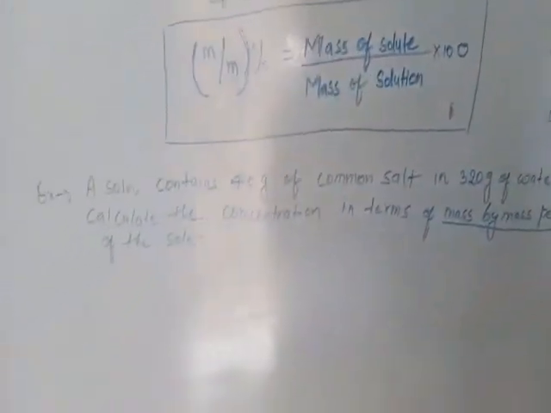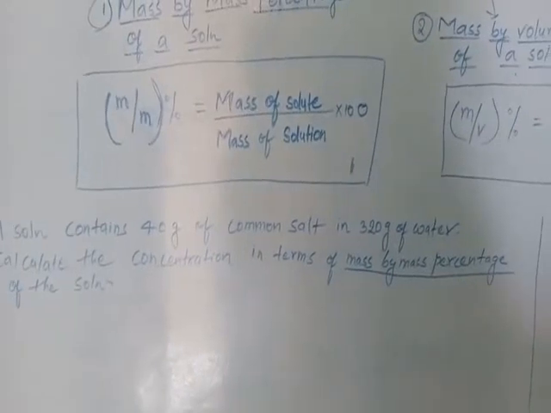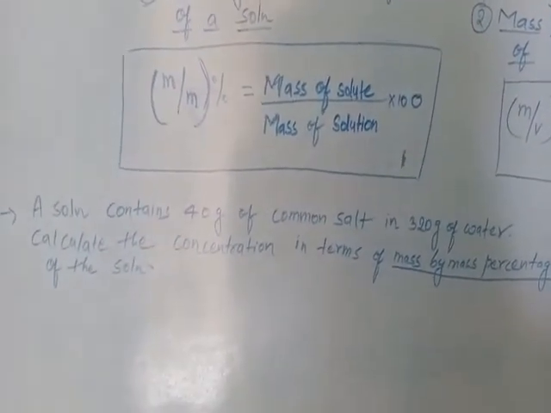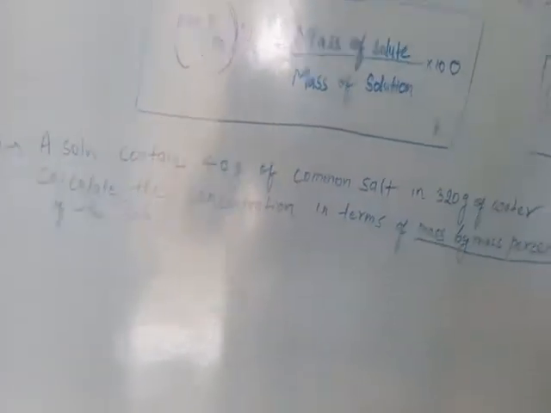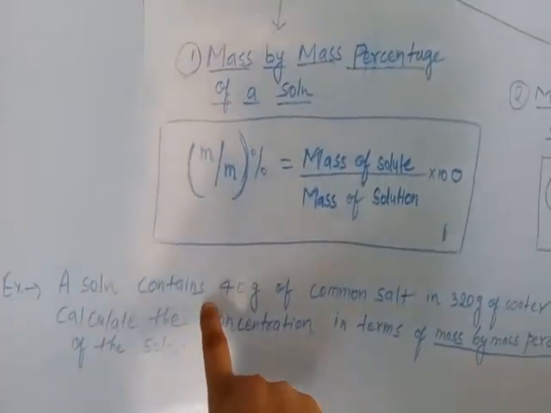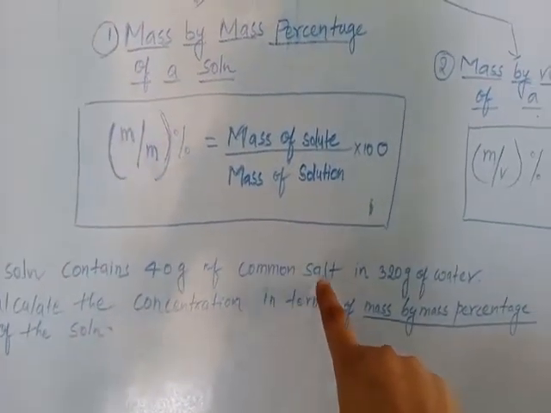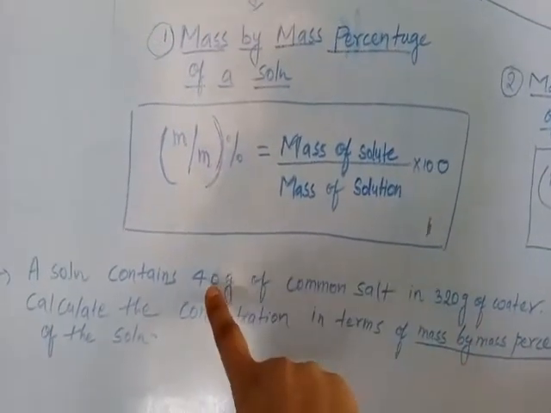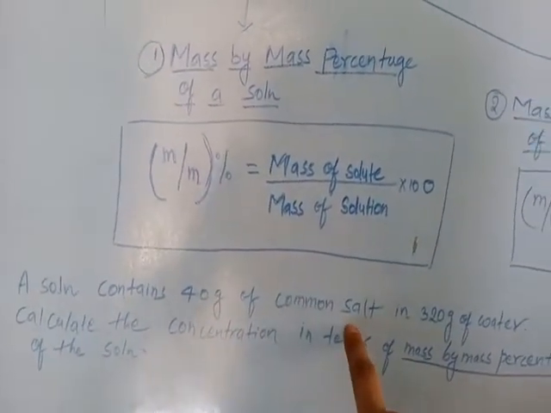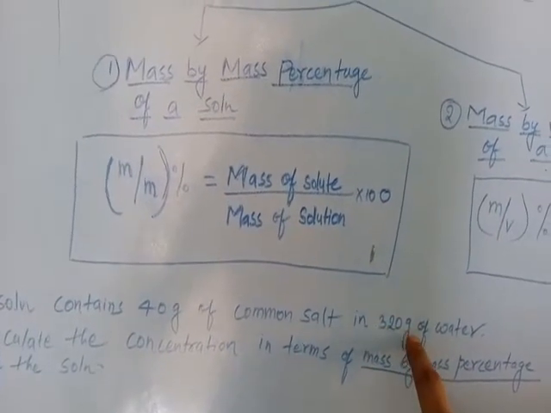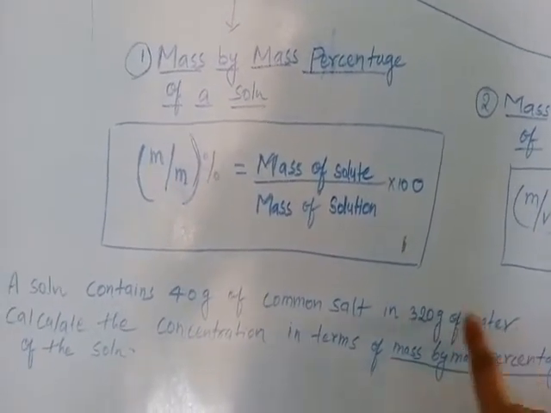So we will see some examples and try to get the concentration of a solution by both the ways. Here is an example: a solution contains 40 gram of common salt in 320 gram of water.